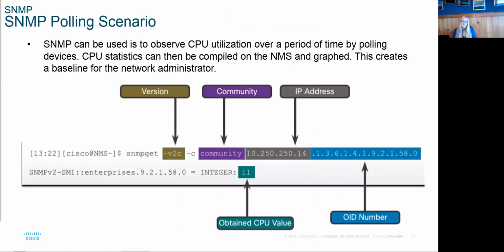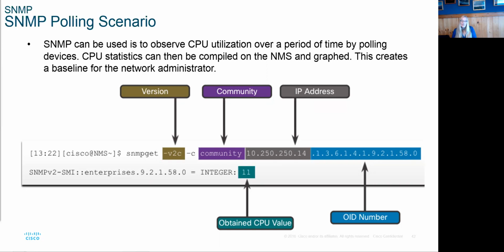And for a polling scenario, basically the data is retrieved via the SNMP GET utility, and that would be issued on the NMS. Using the SNMP GET utility, you can manually retrieve real-time data, or you can have the NMS run a report. The report would give you a period of time that you could use the data to get the average.